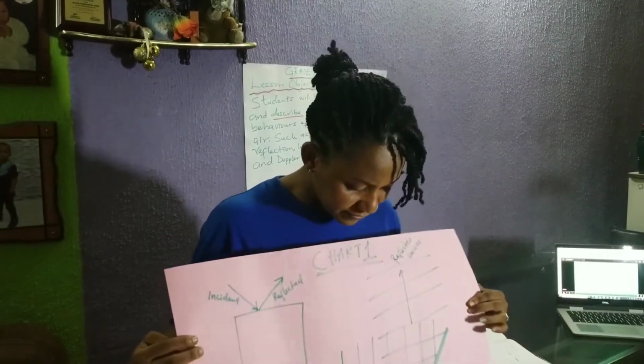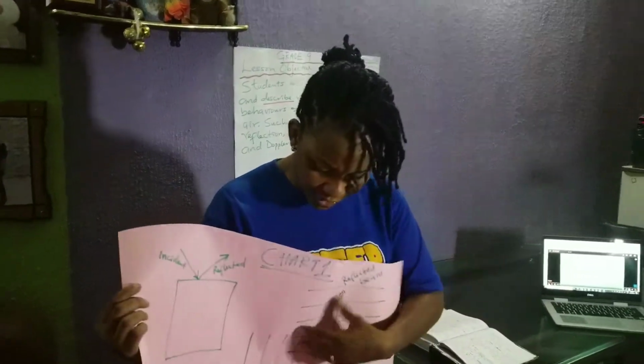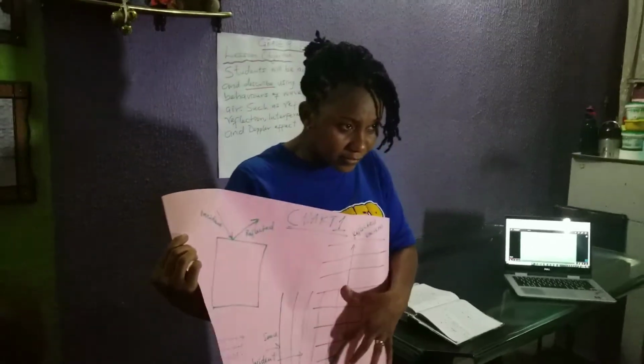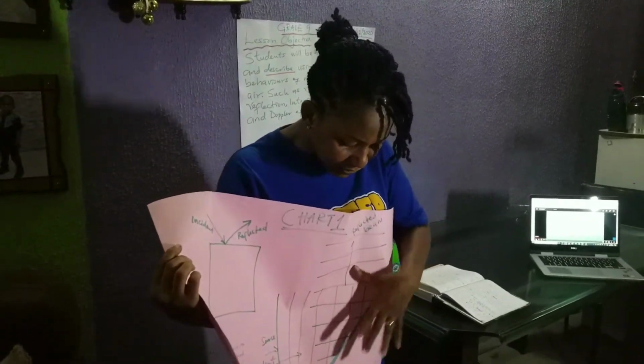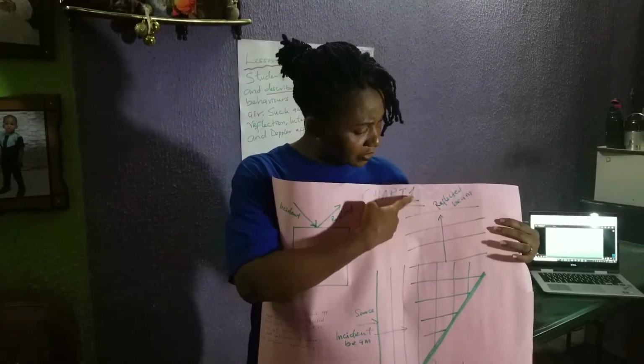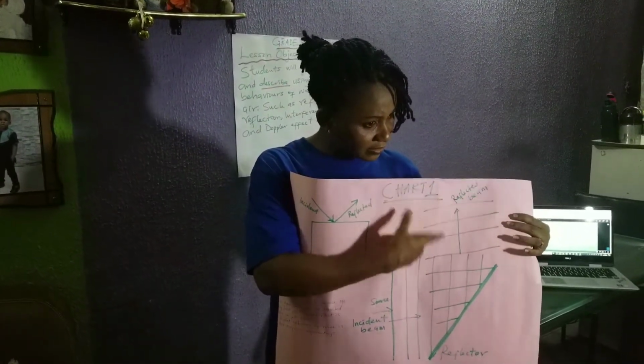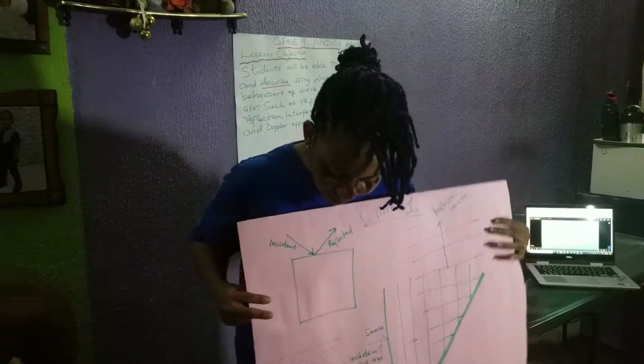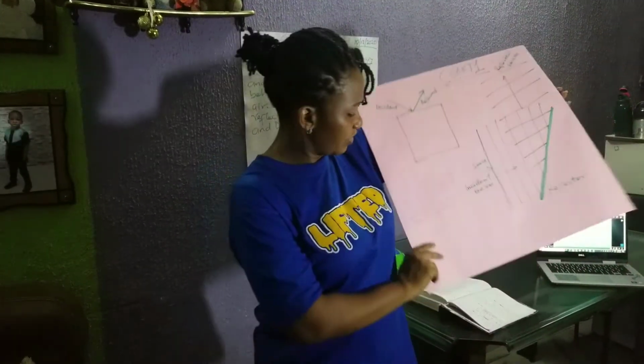Can you see this wave moving towards a reflector and bouncing back? There's a definition here. Let me read it out.